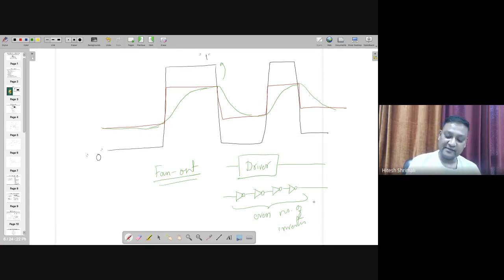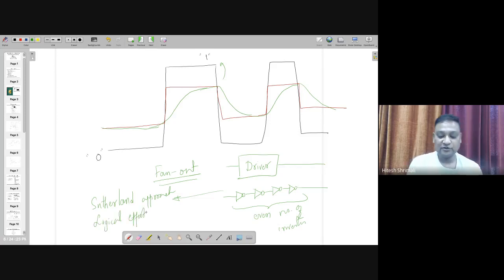And that's a separate study. By the way, how many inverters are needed and what should be the W by L, the whole approach is known by the name of the guy, Sutherland, who derived it. We call it the Sutherland approach. Also, the name of this one is logical effort.